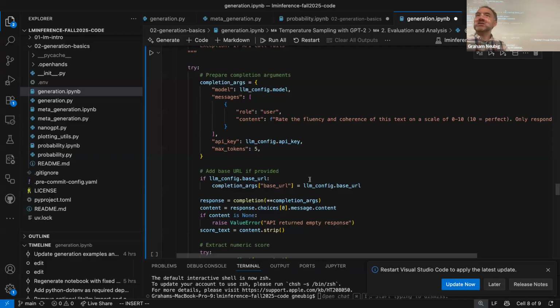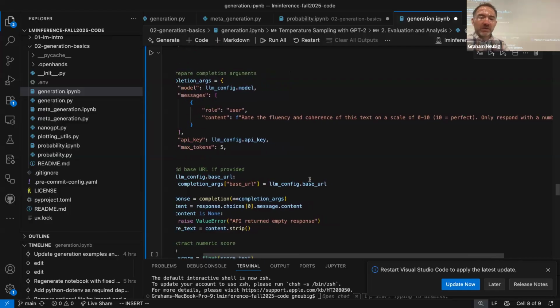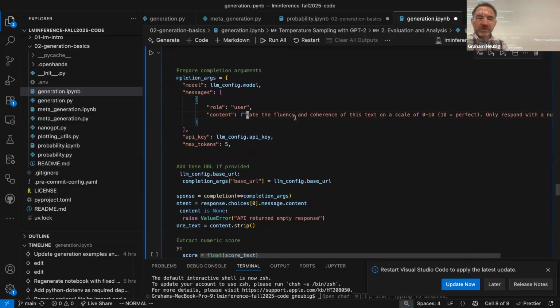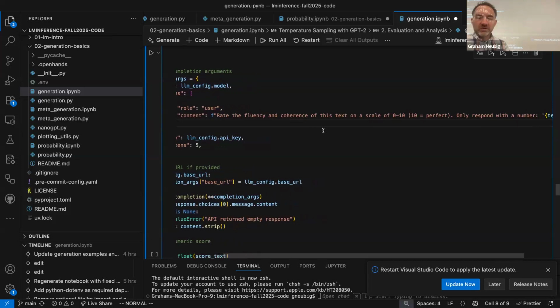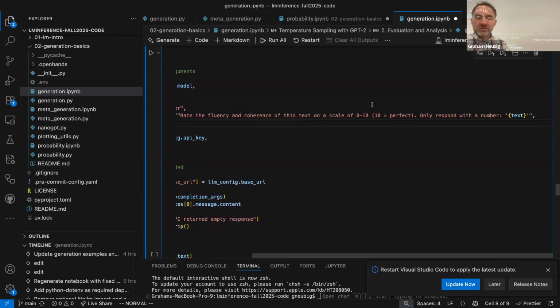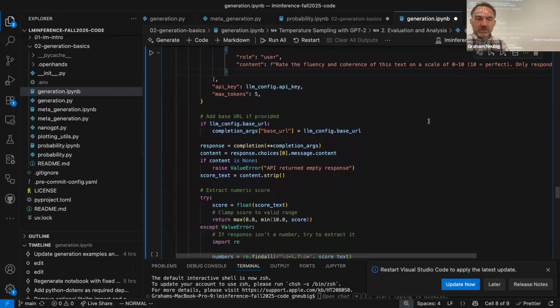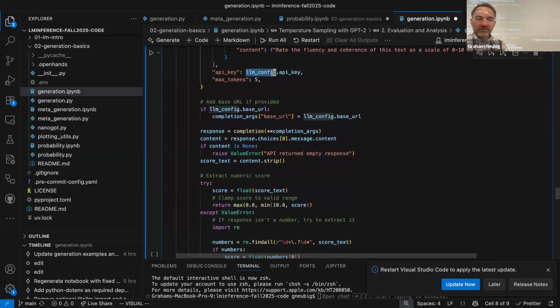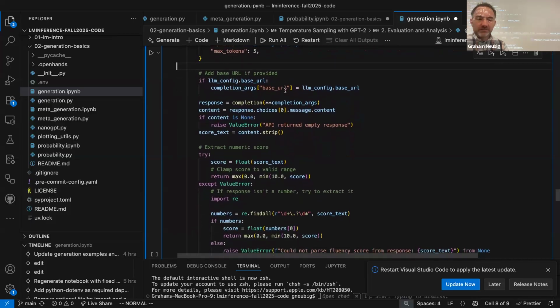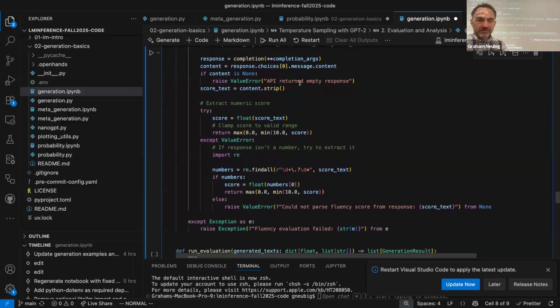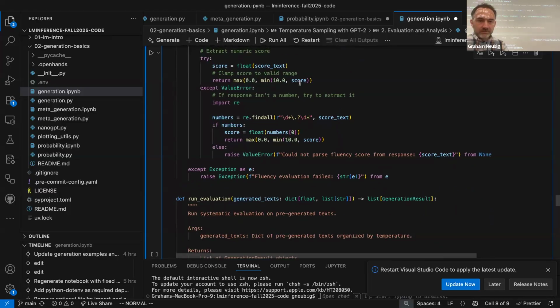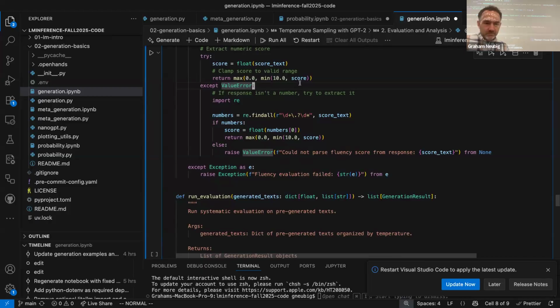There are a lot of caveats that go into this, which I can talk about a little bit, but here I'm just going to show a very simple example: rate the fluency and coherence of this text on a scale of 0 to 10, 10 equals perfect, only respond with a number. So I'll give it my API key, and then generate. Cool.